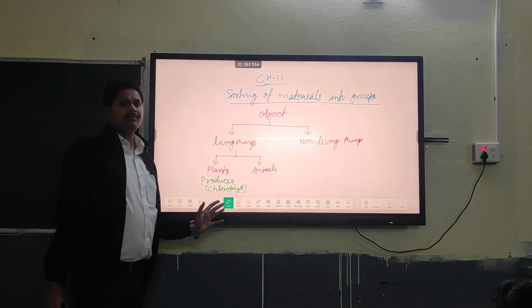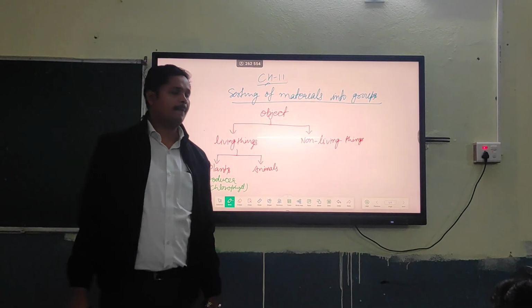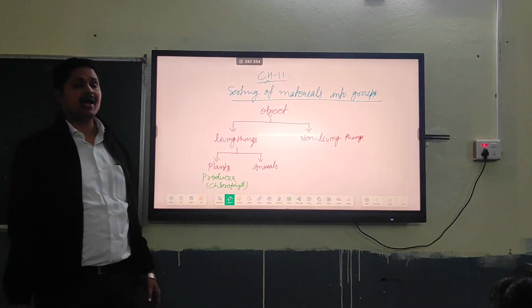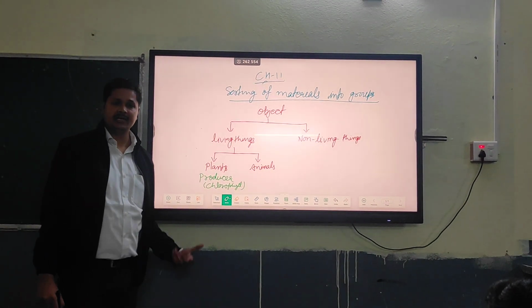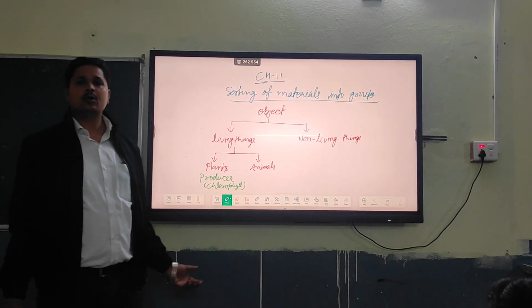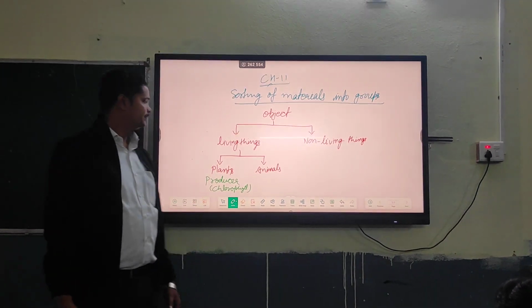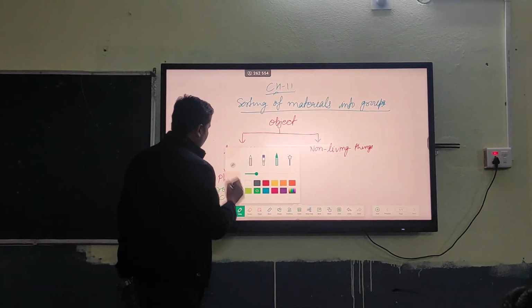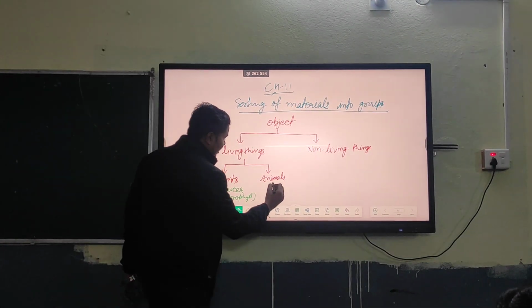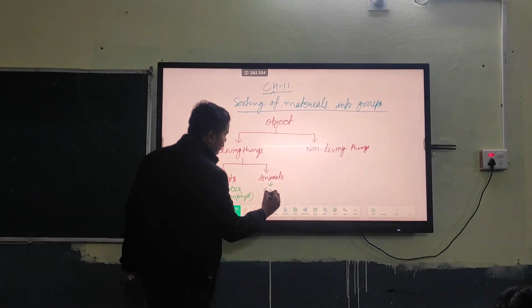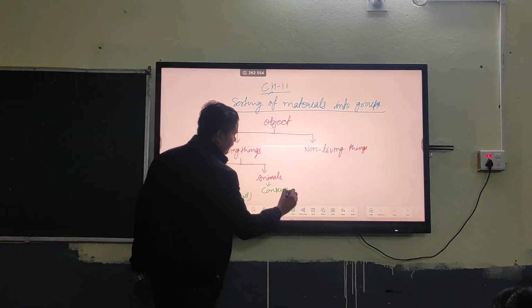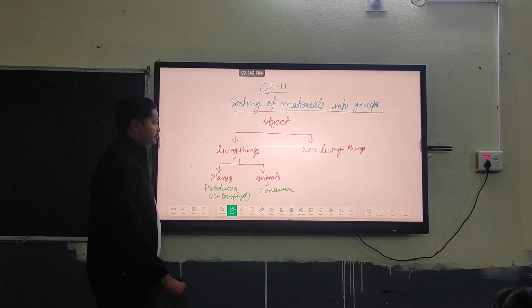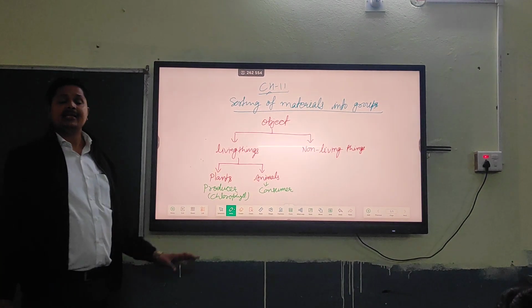Now, animals are consumers. They have a heterotrophic mode of nutrition, which means they are heterotrophs in nature. They are consumers because they consume food.